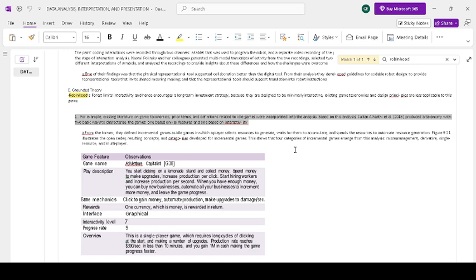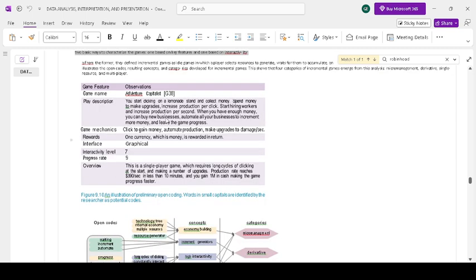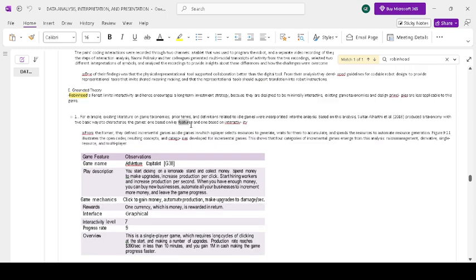the analysis. Based on this analysis, Sultan Al-Harthi, 2018, produced a taxonomy with two basic ways to characterize the games. One based on key features and one based on interactivity. So the first is features.